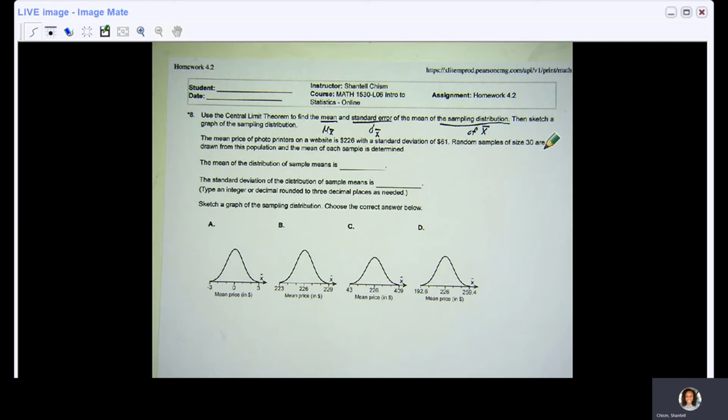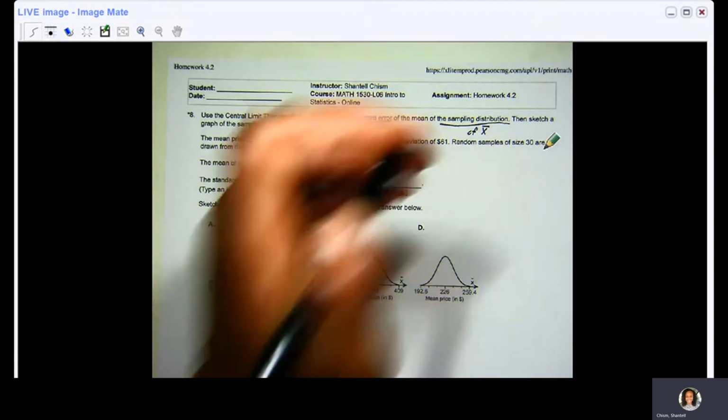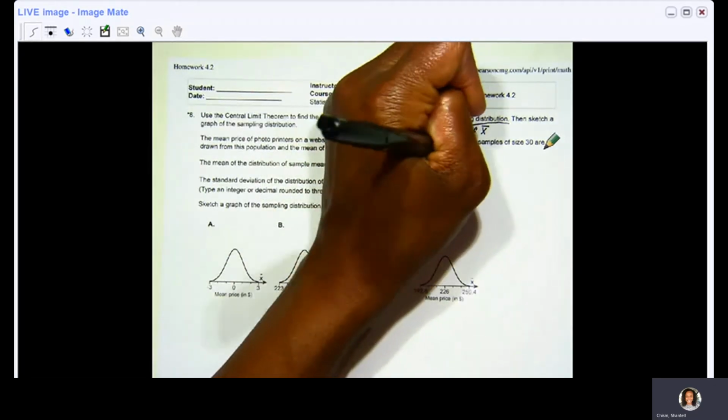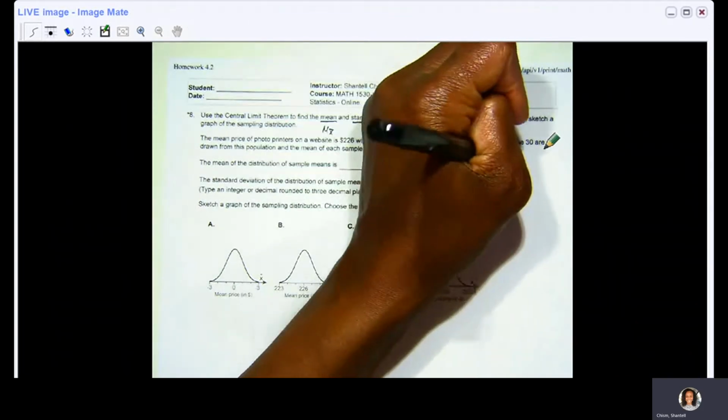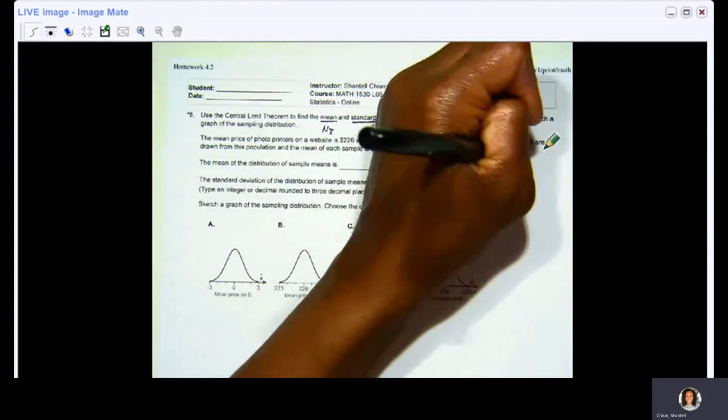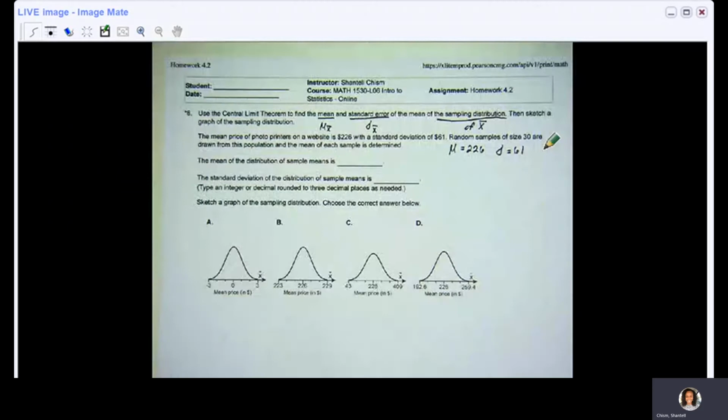Then choosing the correct sketch. So it says the mean price of photo printers on a website is 226 with a standard deviation of 61. So this is for the entire population. The mean price is 226 with a standard deviation of 61. It says random samples of size 30 are drawn from this population.